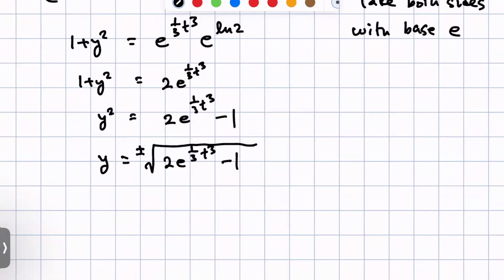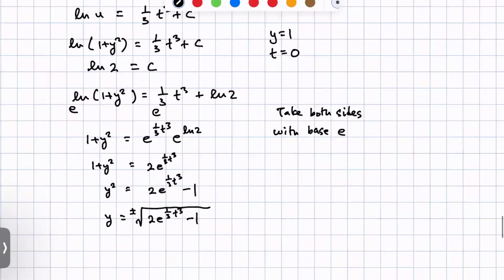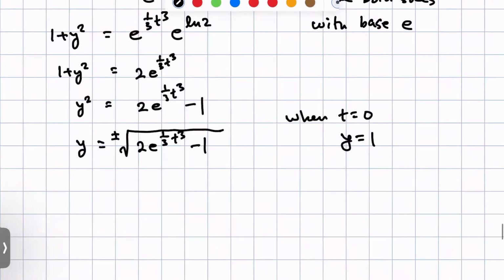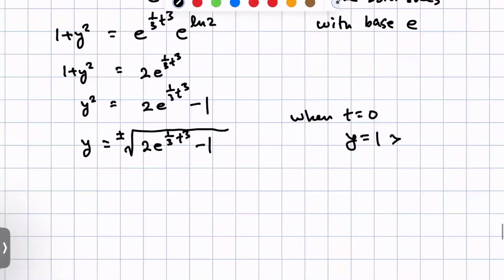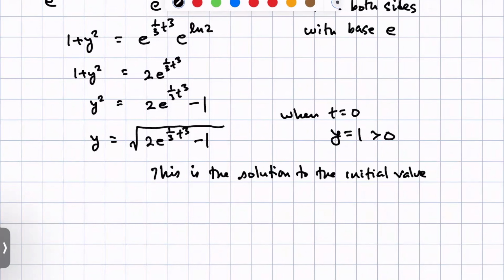Notice that when t is equal to 0, y is equal to 1. So when t is 0, y is a positive number, and as a result I take the positive root and not the negative root. So this is the solution to what's called the initial value problem that we had at the beginning.